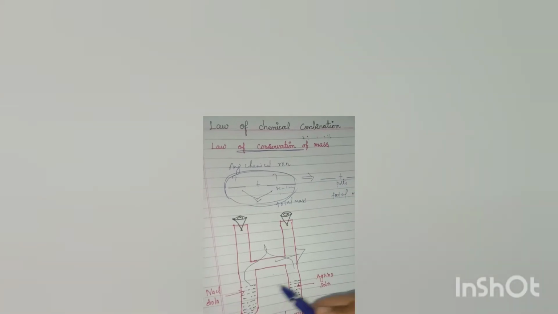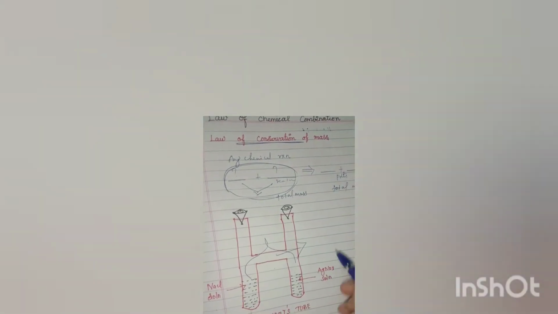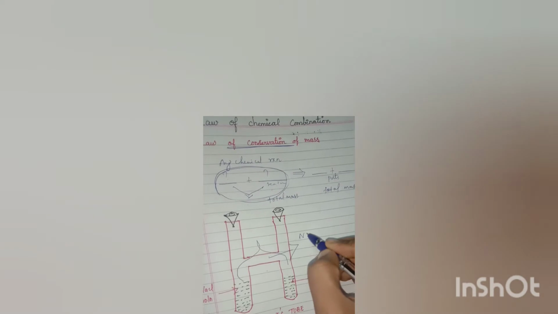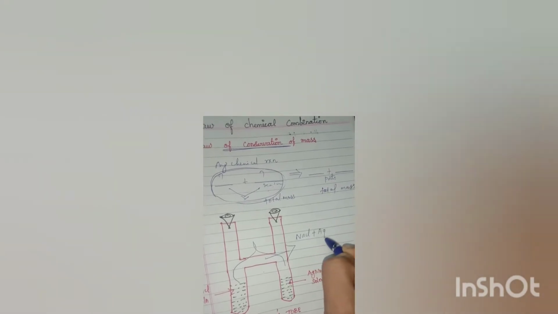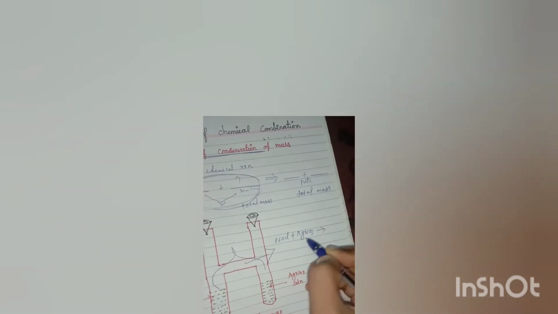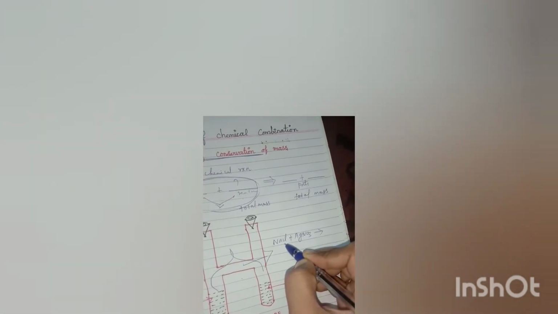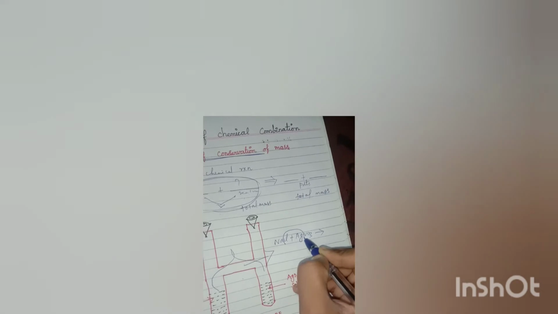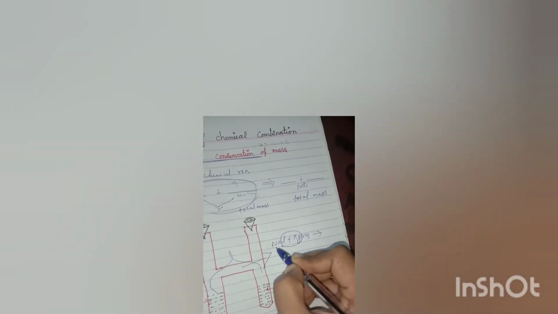Here NaCl and AgNO3 react with each other: sodium chloride plus silver nitrate. Cl and Ag join with each other, and Na and NO3 join with each other.